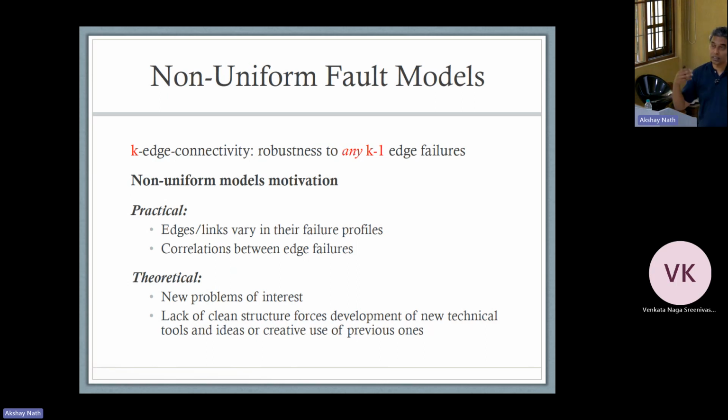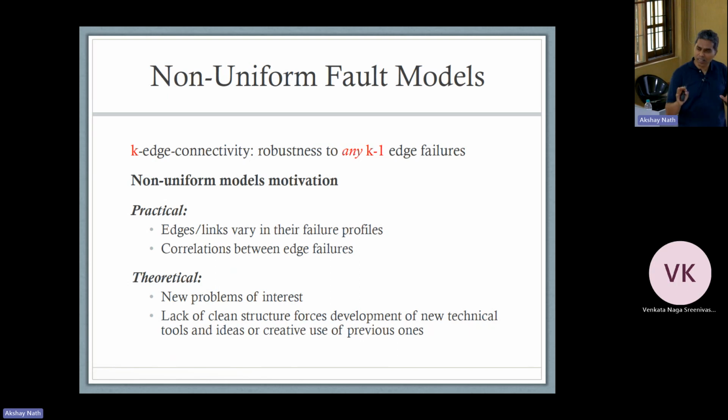And so we want this strong requirement. But in many scenarios, maybe there are correlations between edges, right? These 2 edges are likely to fail together, while those 2 will not fail together, for some reason. Or some edges are more likely to fail than other edges. So people would like to model this non-uniformity and correlations in which edges can fail.